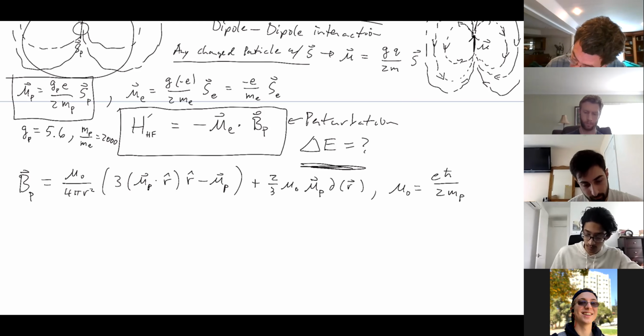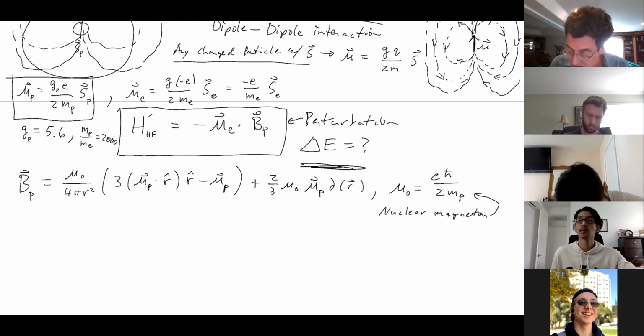We call that the nuclear magneton. Okay, so that's the formula.